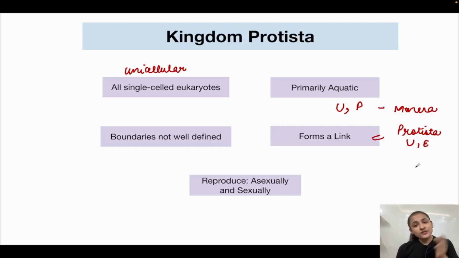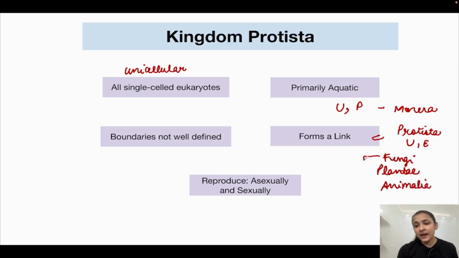Then after Protista, multicellular and complex kingdoms came, which included kingdom Plantae, kingdom Fungi and kingdom Animalia.